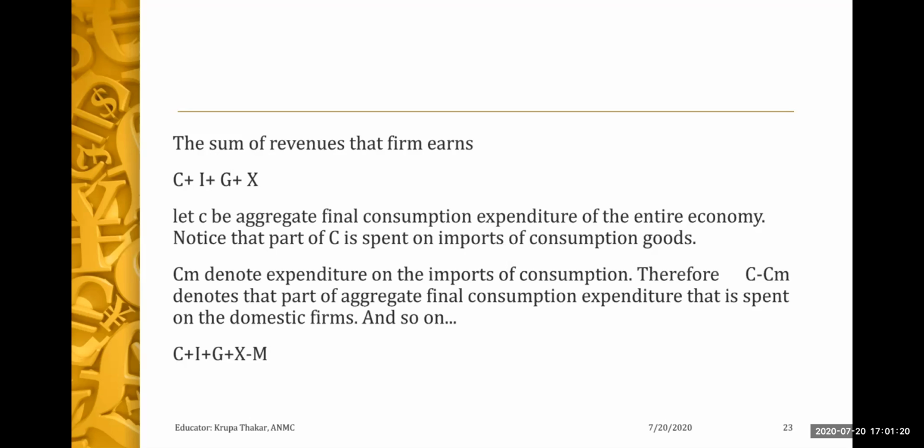So when we arrive at the final one, it will give us C plus I plus G plus X minus M. That is consumption expenditure plus investment expenditure plus government expenditure plus export minus import, X minus M. So this is the formula for the expenditure method to calculate GDP.